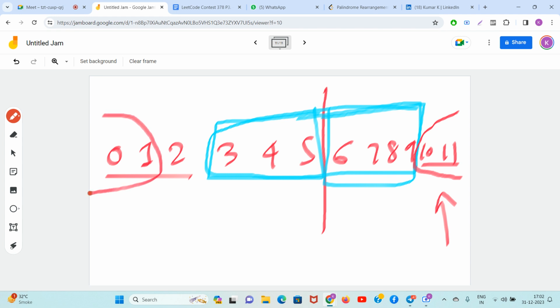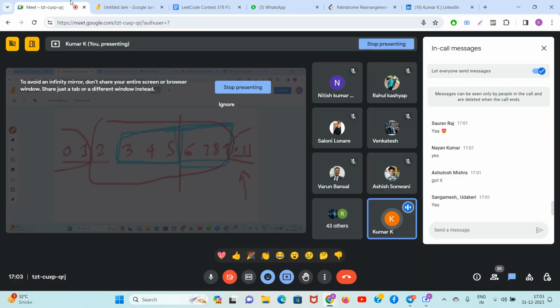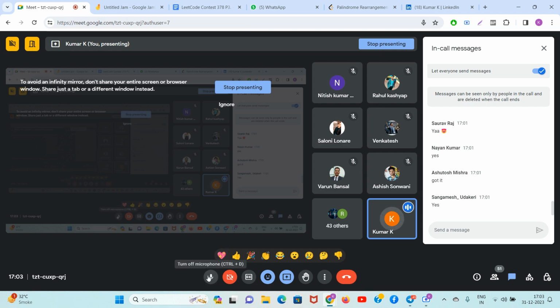Yes, you check P of 1. Now you want this much part to be a palindrome. Guys, write your algorithm here. Be quick.